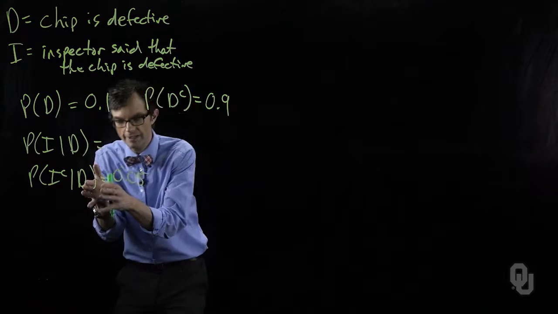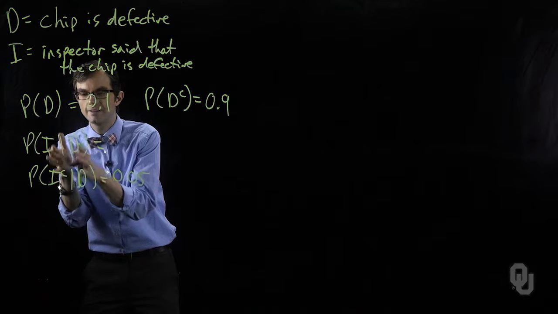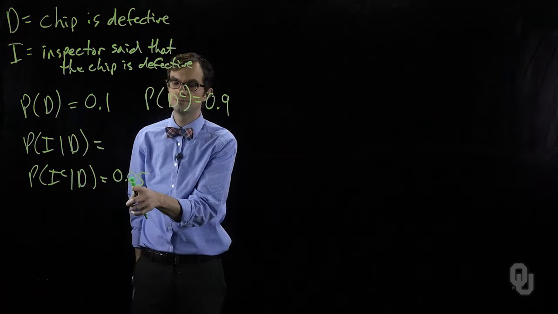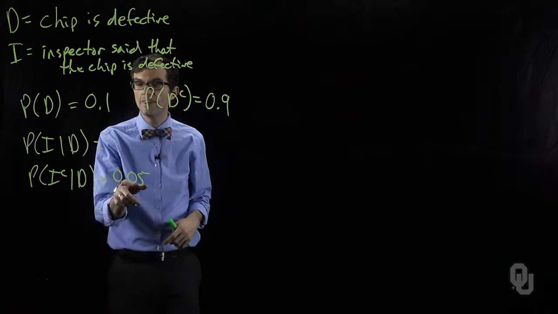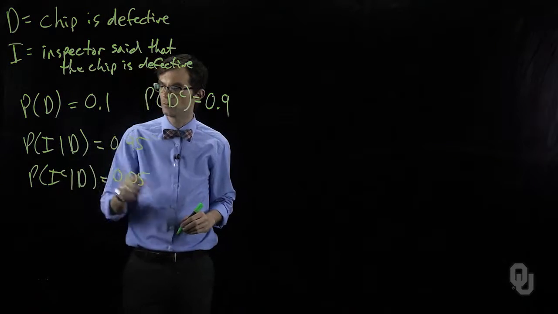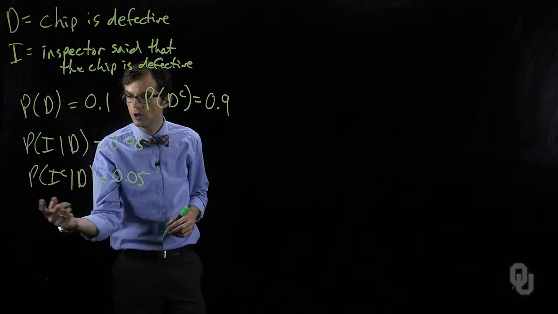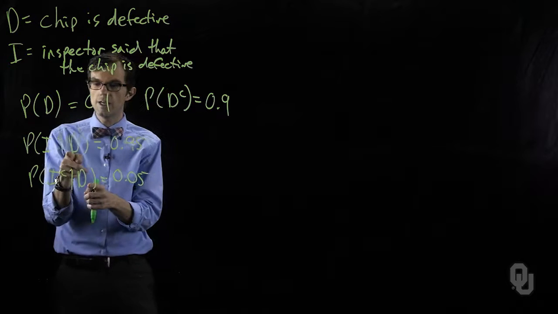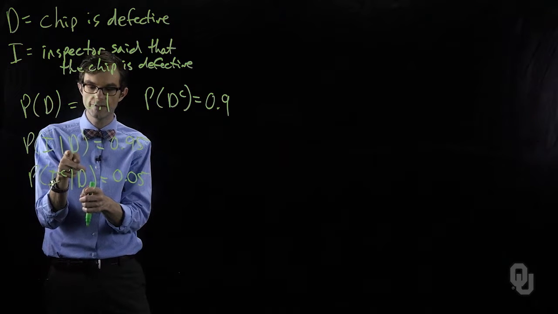Given that it's defective, what's the probability that the inspector said it was not defective? 0.05, a 5% error rate. That must mean that this probability is 0.95. The complement of this, 1 minus this, gives us this. The conditioned event stays the same.